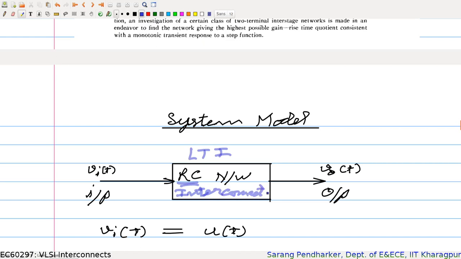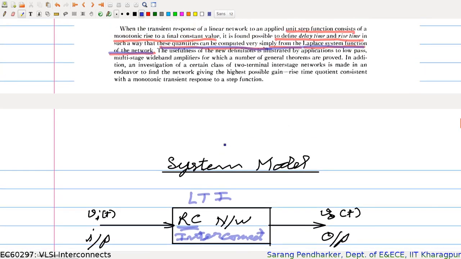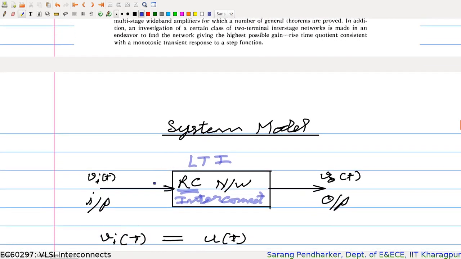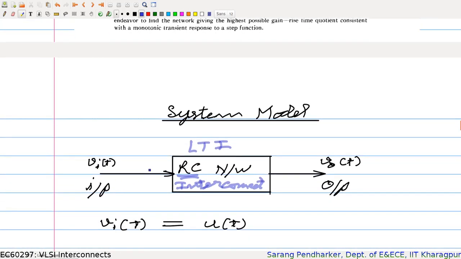The theory which we are looking at right now is more general for monotonically increasing output functions, or monotonic transient or say impulse response, or say unit step response, right? So your Vi of t is your input to this LTI system, and V out of t is your output, right?